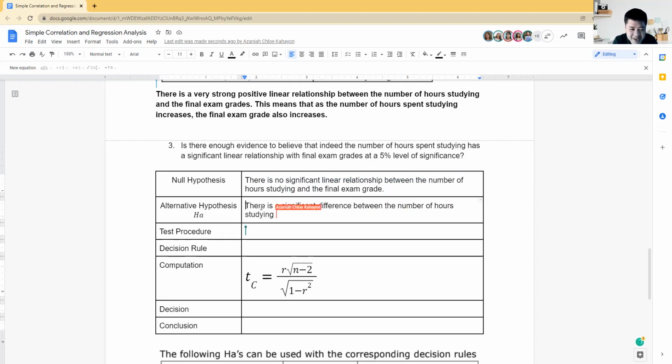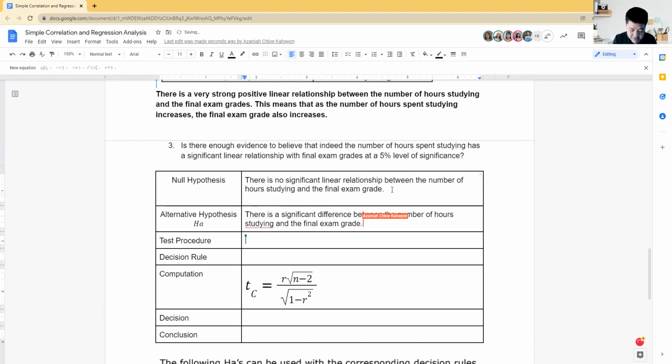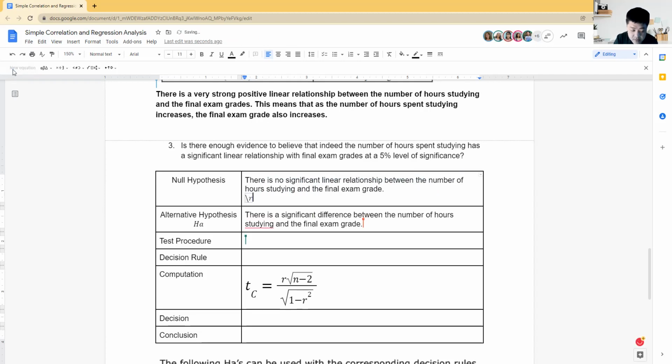Si Aldea gusto na lagyan ng test procedure. Sige, Aldea, what will be the test procedure? For the symbol here, it should be rho. Yeah, rho is equal to 0. So then no difference.